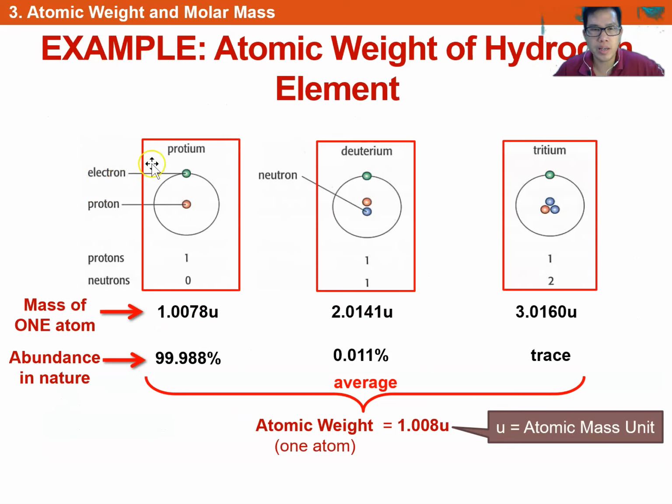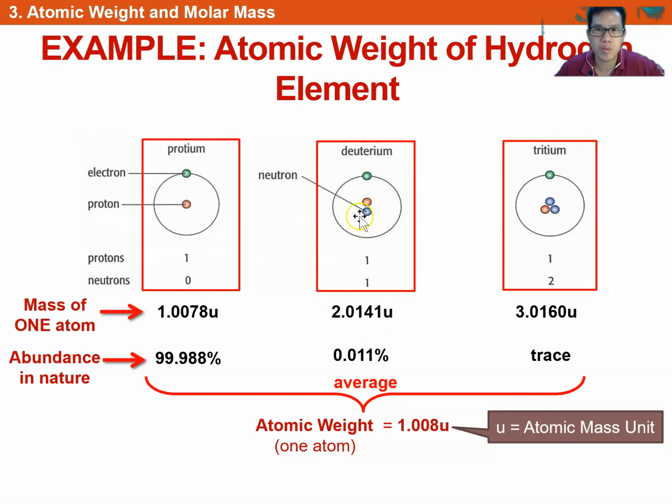So in this case, for example, protium. The mass for this protium is the adding of the weight of one proton and one electron. There's no neutron here. So the total mass from these two is 1.0078 U. And deuterium, which contains one neutron, one proton and one electron, will be 2.0141 U. You have learned that already before.